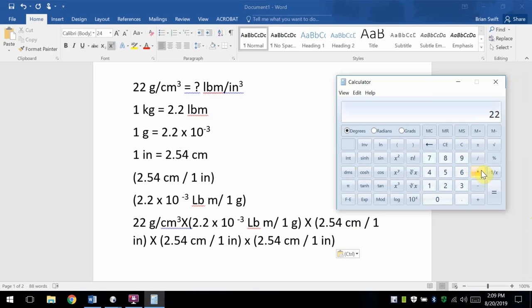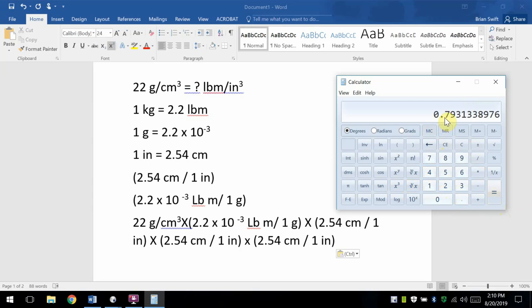So here we've got 22 times 2.2 exp 3, find the plus minus, equals, we've done the first calculation, times 2.54 equals, we've done the second one, times 2.54, done the third one, times 2.54 equals.